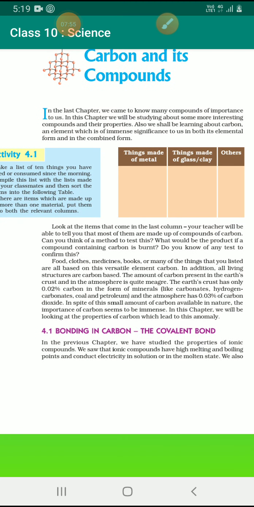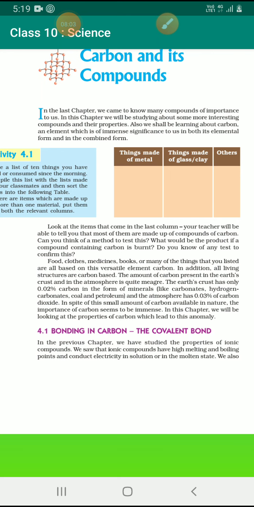The amount of carbon present in the earth's crust and in the atmosphere is quite meager, means quite small. You know that nitrogen is hugely present in the atmosphere, and the second one is oxygen. But carbon dioxide is very meager. If you don't know the word, the synonym of meager is very small. The earth's crust has only 0.02% of carbon, in the form of minerals like carbonates, hydrogen carbonates, coal and petroleum.